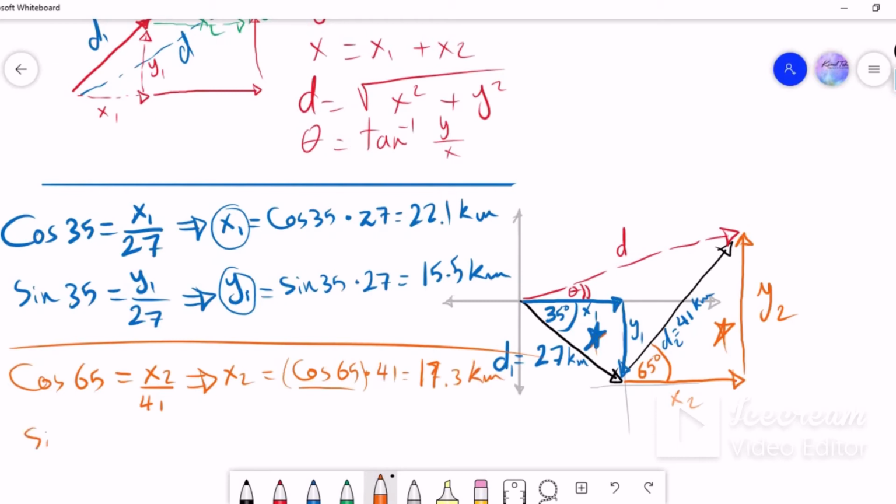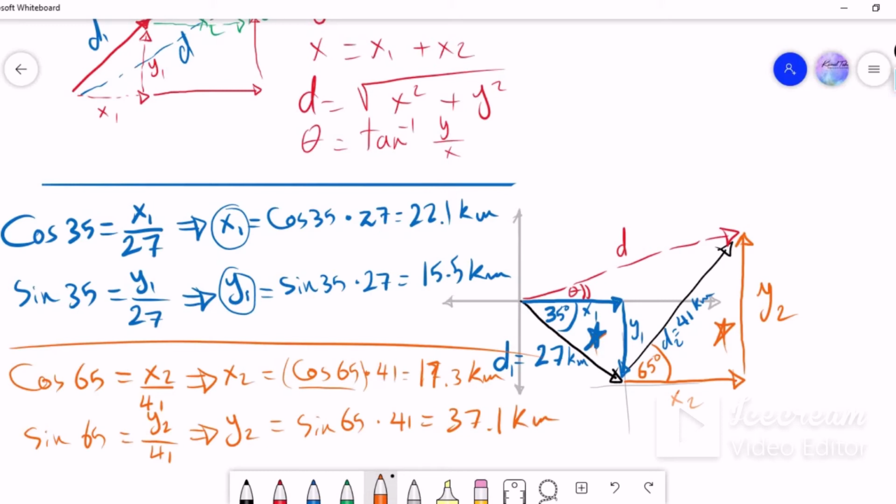Now sine 65 equals y2 divided by 41. Now y2 equals sine 65 times 41 equals, at the end, 37.1 kilometers.